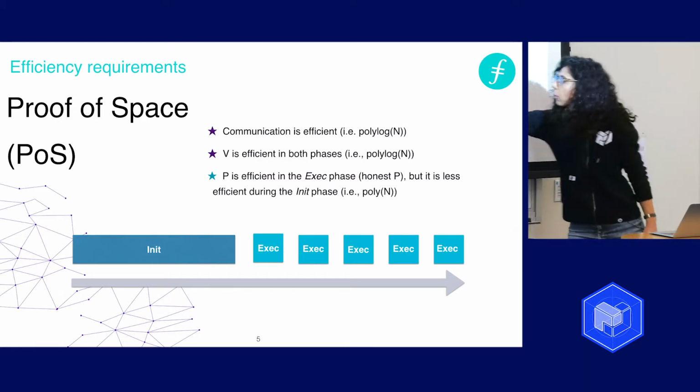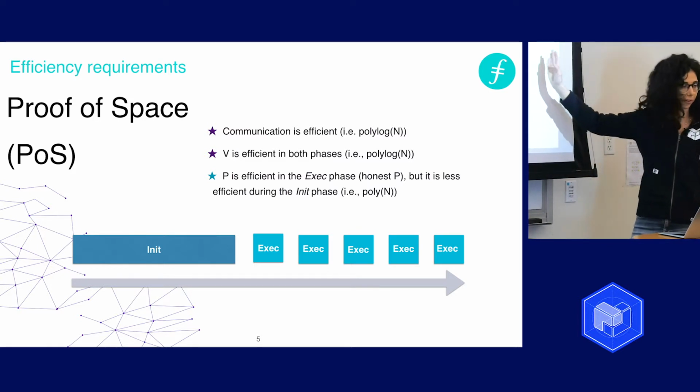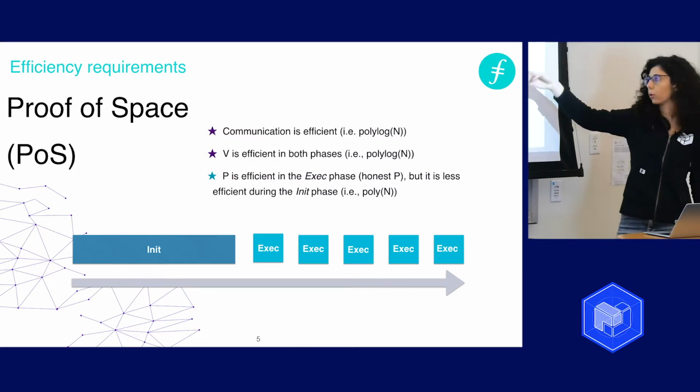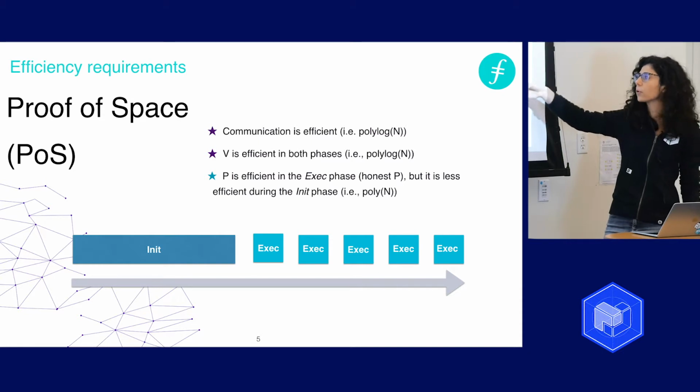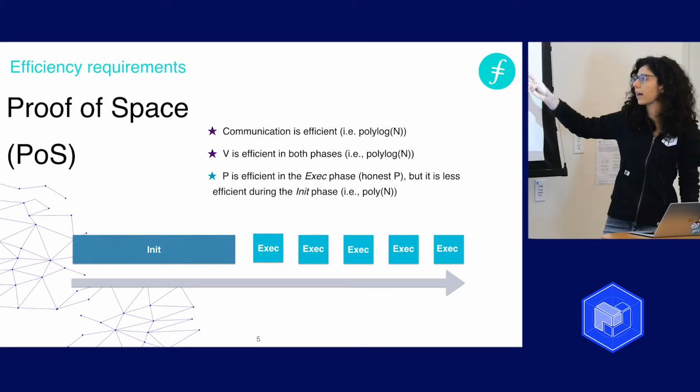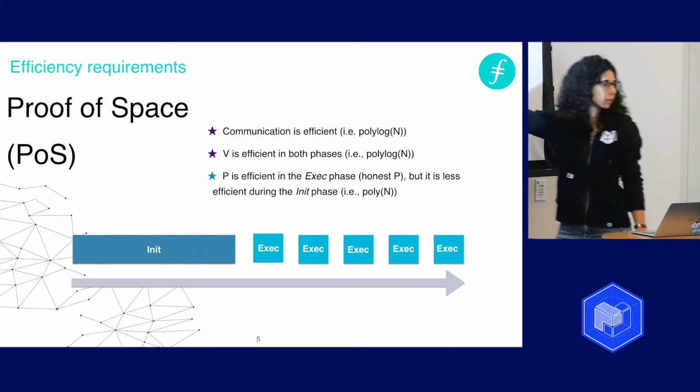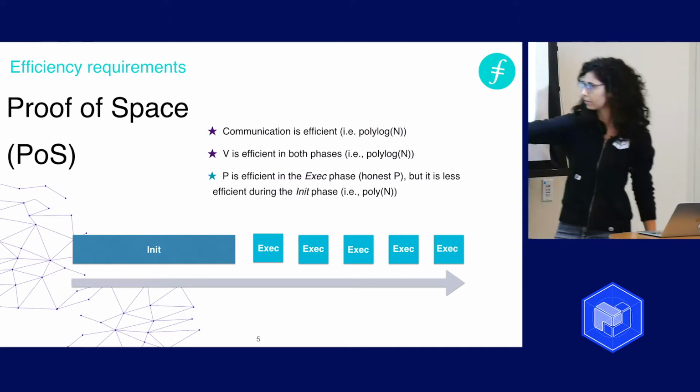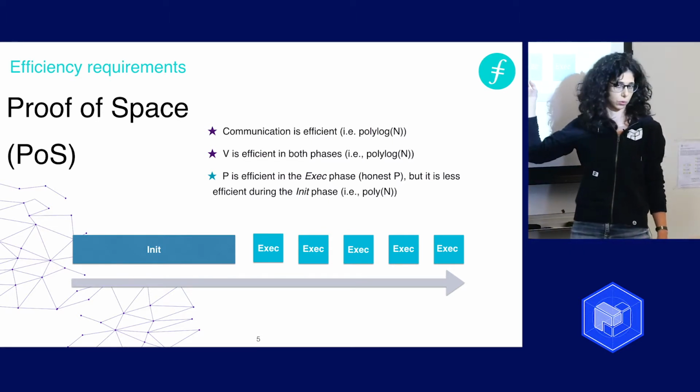And through all this time, if the verifier is saying yes to all the proofs, we are sure that the prover is still storing S through all this time, even between 2 executions.